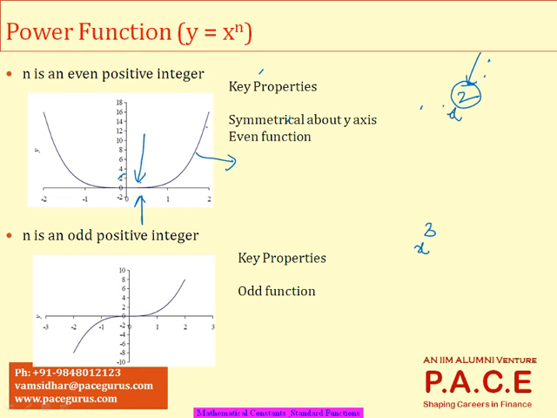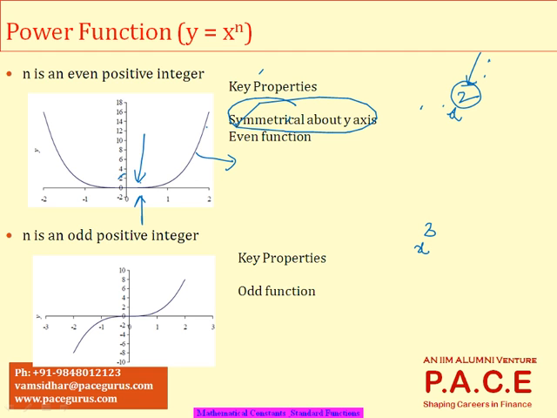And you also see that the graph will be symmetrical about the y-axis, because whether you have x value as 1 or minus 1, it hardly matters. Minus 1 to the power of an even number is always the same as plus 1 to the power of an even number. So when n is an even positive number, it's a mirror reflection over the y-axis.